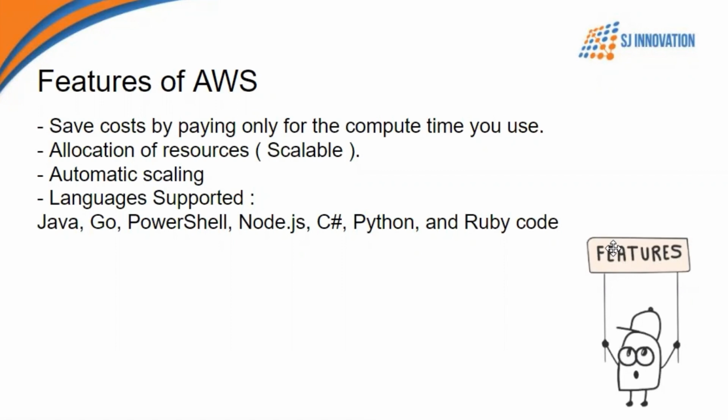The second thing is allocation of resources. If we consider the email system itself, sometimes the resources needed are much higher.